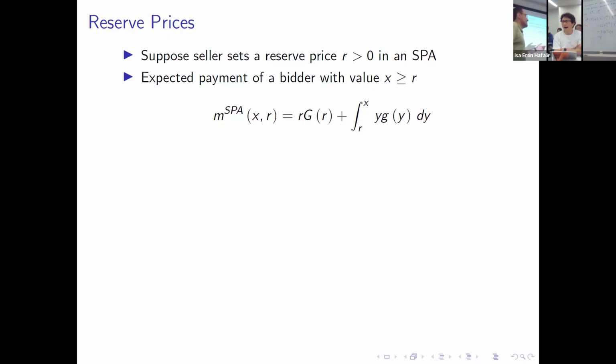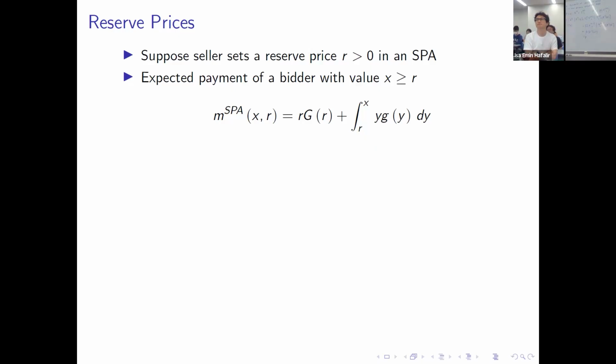One contingency is that all of the other bidders have values less than R. Then I will not pay the second highest bid, but I will pay the reserve price, because that's the definition of the reserve price. The auctioneer is never letting the object go for a price less than R. So he will charge me R if the second highest value is smaller than R. So with probability G(R), I will pay R.